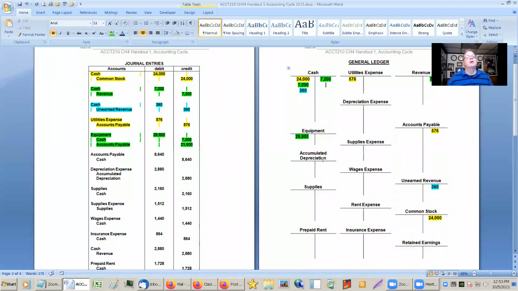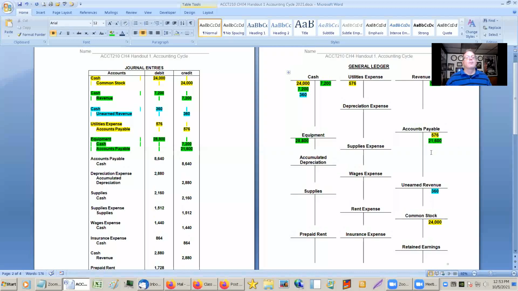And accounts payable 21,600. So you kind of see this transaction. They bought equipment for 28,800. It looks like they made a down payment of 7,200, and the rest of it's on account, kind of like a loan. So I paid cash 7,200, and the rest of it's borrowed.